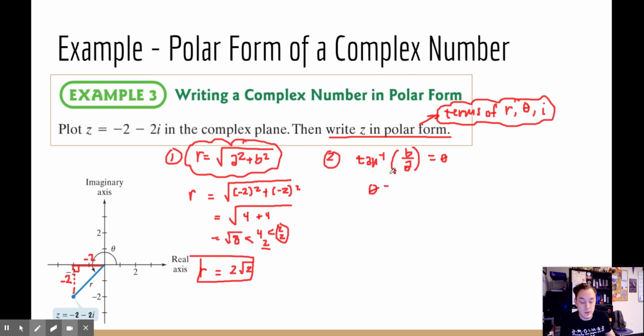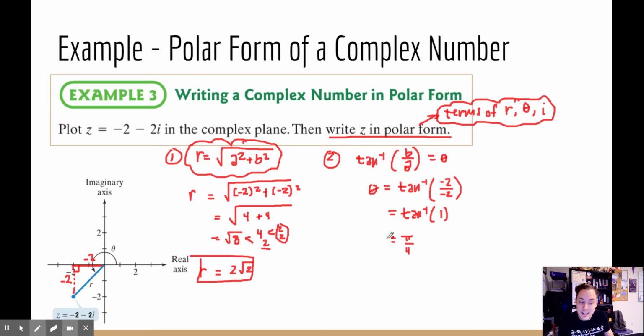So I will have inverse tangent of -2 all over -2, which is the same thing as saying the inverse tangent of just 1. Now, if you already don't know this, you should, but this is just going to be pi all over 4. If you did that on the calculator, you would get pi all over 4.